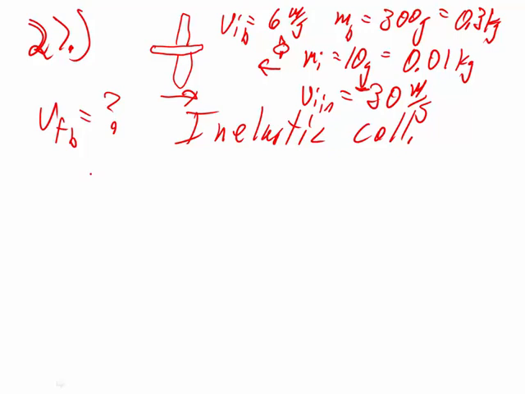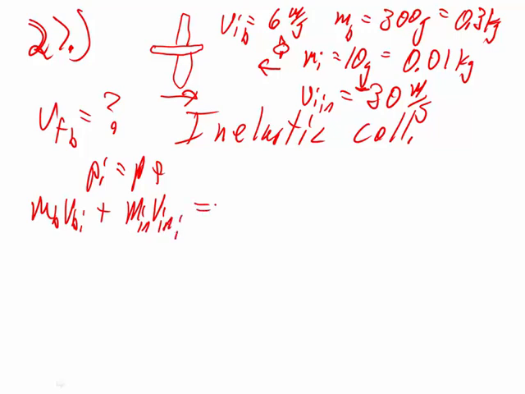Well, we know that the momentum initial is equal to momentum final. So what is the initial momentum? Well, we have the mass of the bird times the velocity of the bird initial plus the mass of the insect times the velocity of the insect initial is equal to, what is the final situation?